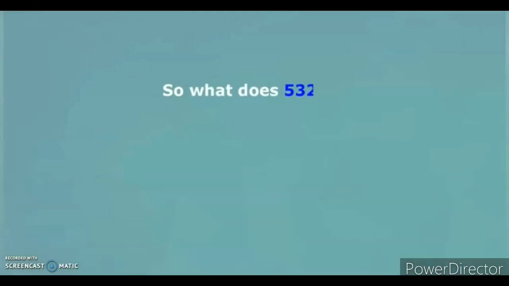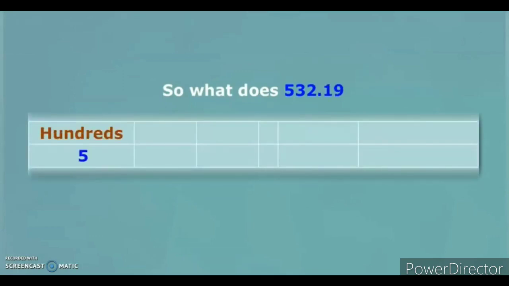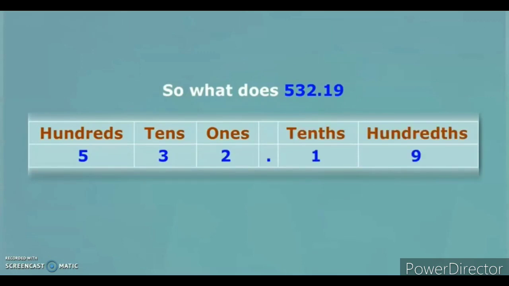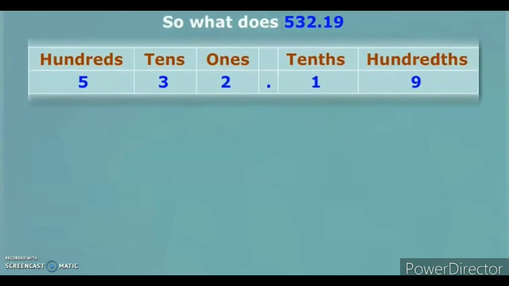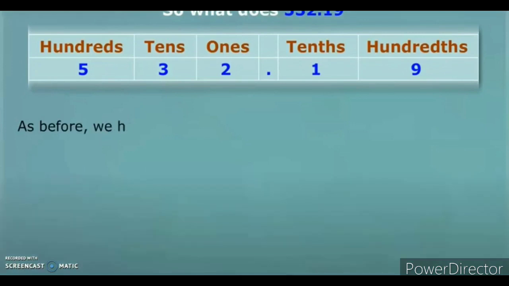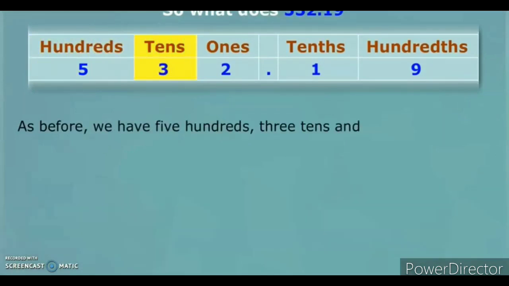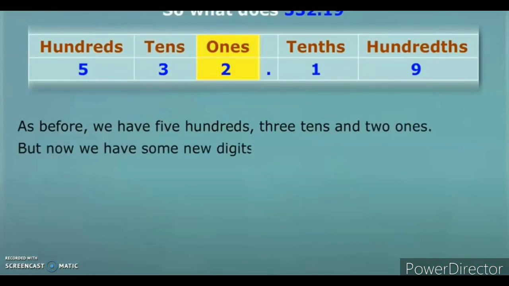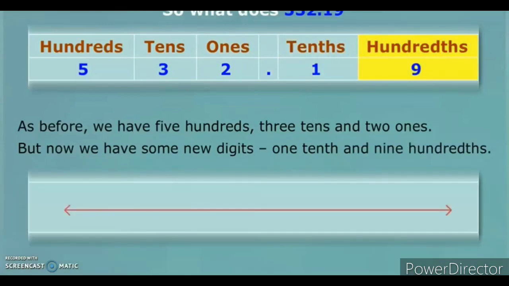So children, what does 532.19 represent? As before, we have 5 hundreds, 3 tens and 2 ones. But now we have some new digits like 1 tenth and 9 hundredths.